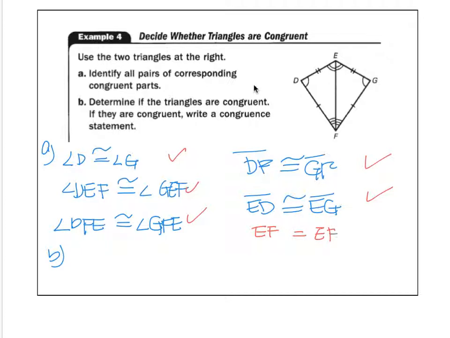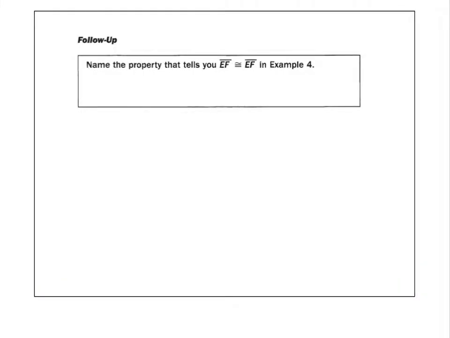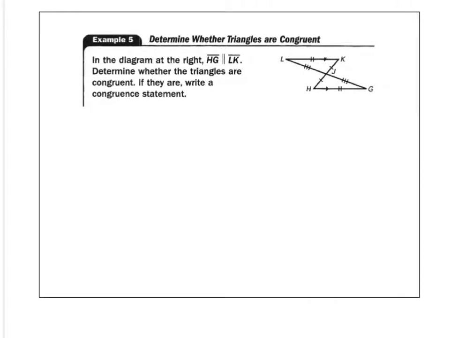And of course, EF has to be congruent to itself, right? So now I do have three sides. Therefore, I can write my congruence statement. Make sure about your sequence. It's EDF. If you write it this way, you should write the second triangle as EGF. That way, all corresponding angles are in the same location. Okay, finish this follow-up, and then it's our last example.